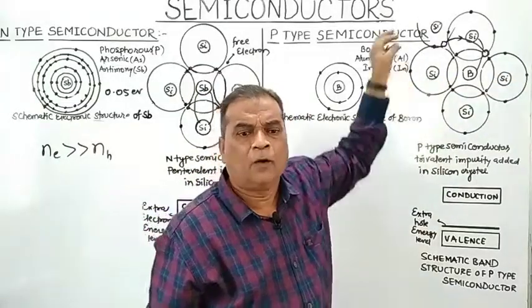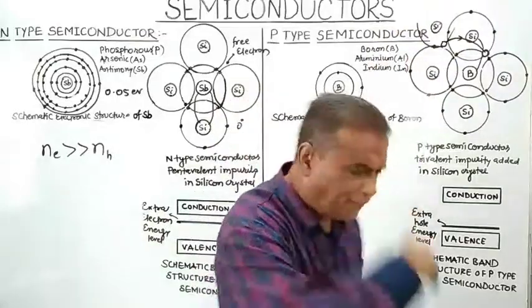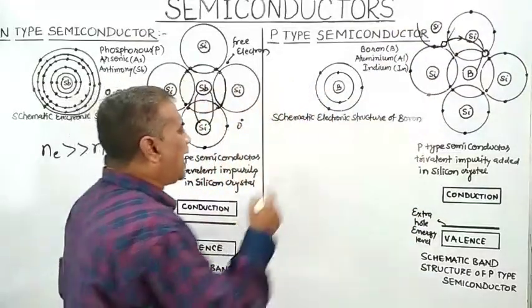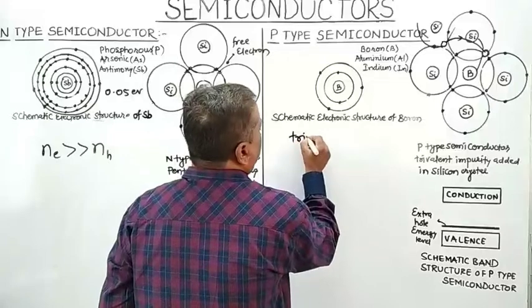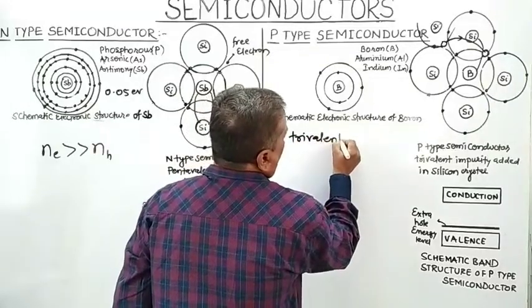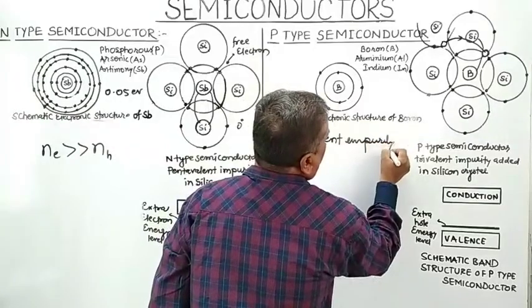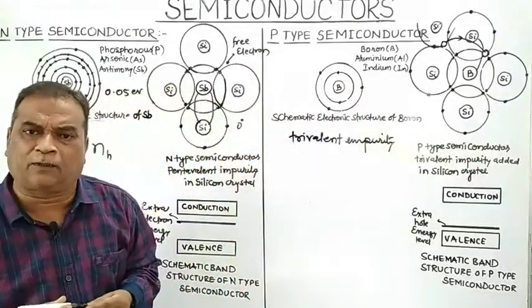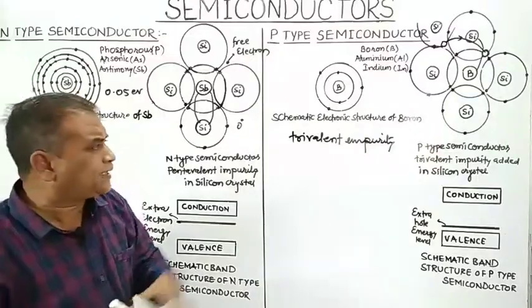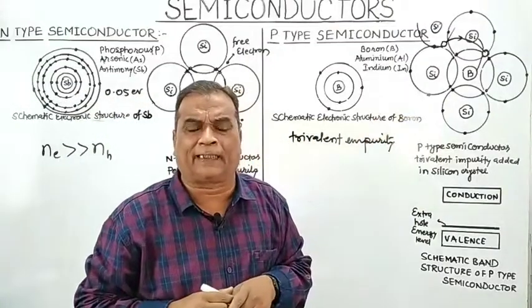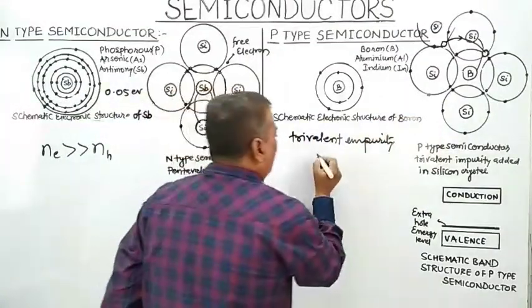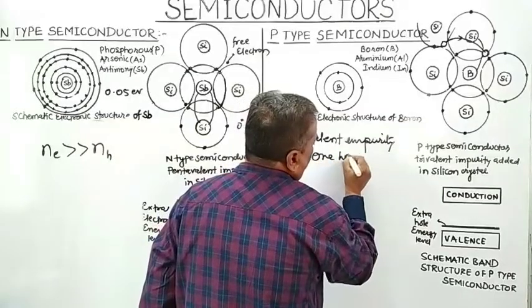So remember, whenever a trivalent impurity atom is added to a pure silicon crystal, each trivalent impurity atom will create one hole.